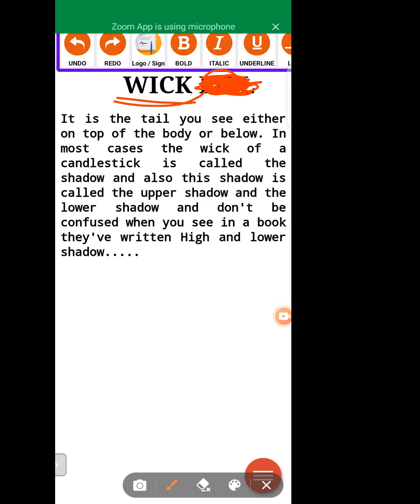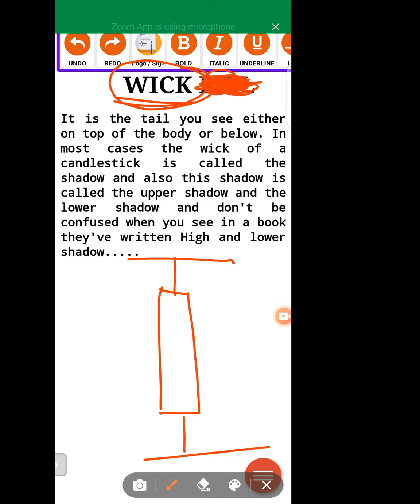So the wick itself is the tail you see either on top of the body. So we have already checked what the tail is, which is like this. Whatever that is here like this is the tail. And some people call here the upper shadow and here the lower shadow, depending on the candlestick that they are talking about.